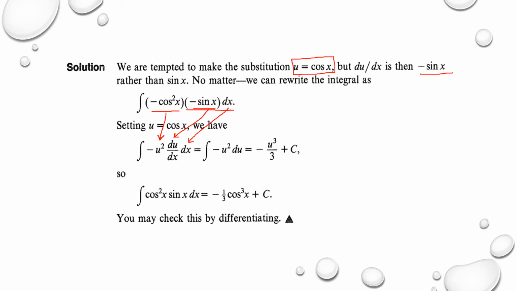Simplifying, we obtain this form of integral, and the power rule will help us obtain the final answer in terms of u, which is later on backward substituted in x, and we obtain minus 1 by 3 cos cube x plus c.